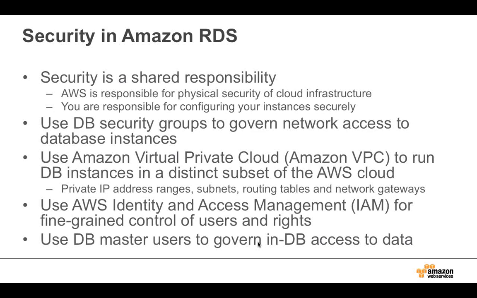We have a variety of tools for doing so. We have database security groups which allow you to lock down which IP address ranges can access your database instances. If you like, you can use Amazon VPC, our virtual private cloud offering, in effect to extend your on-premises compute environment into AWS.